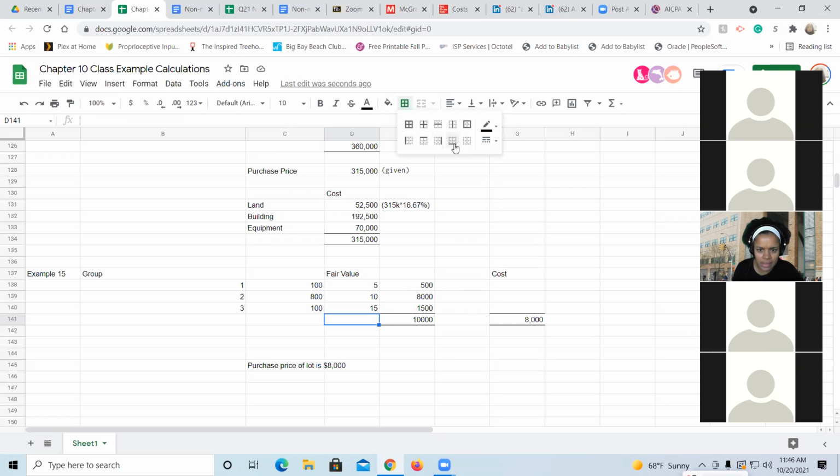What you need to do is add up the price as the actual fair value per item, right? And so you're going to say that this is now $30 is the total relative fair value. And each of these items, right? The 5 in relation to the 30, the 10 in relation to the 30, the 15 in relation to the 30. That's how you're going to calculate your percentage.